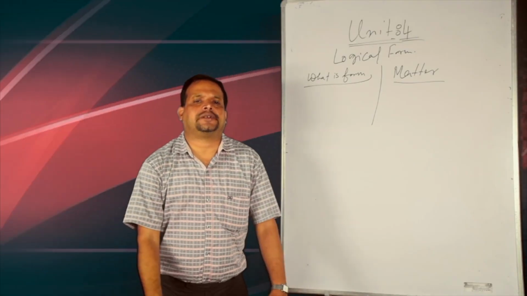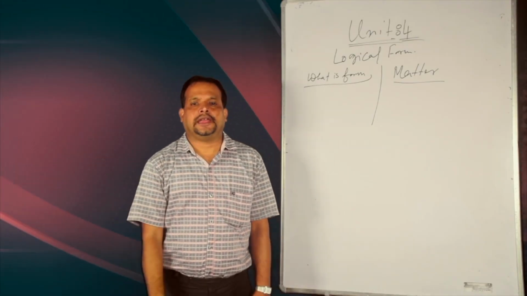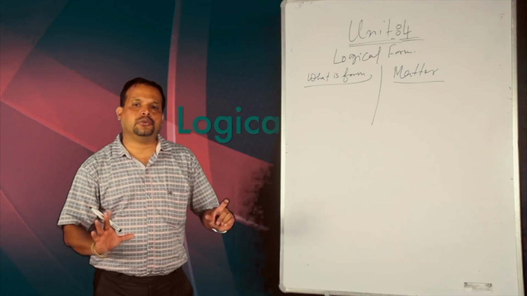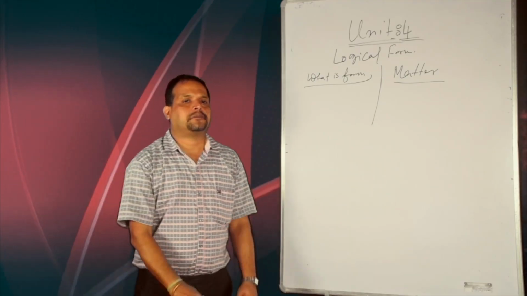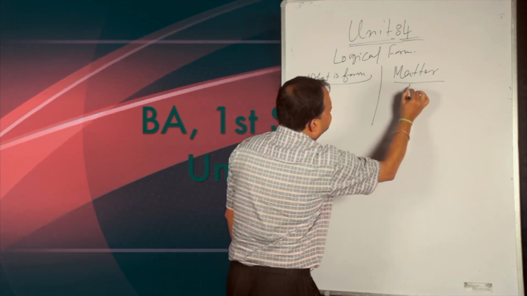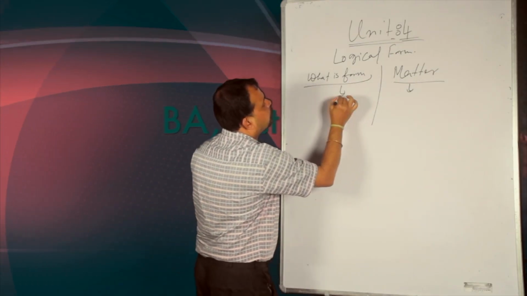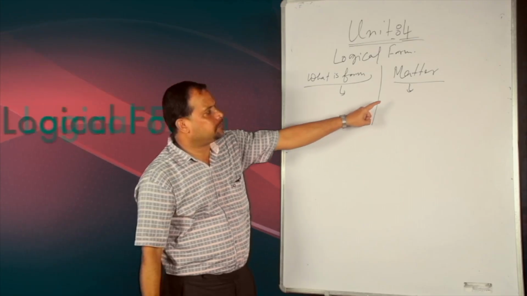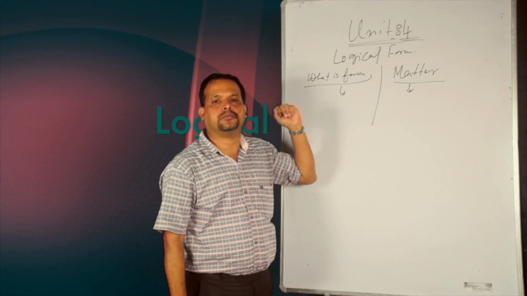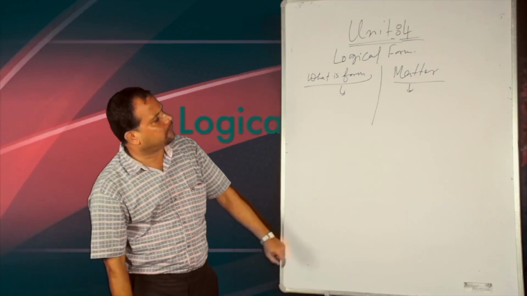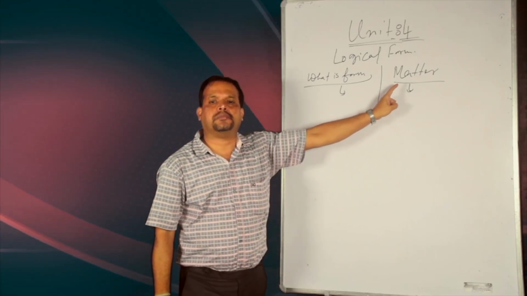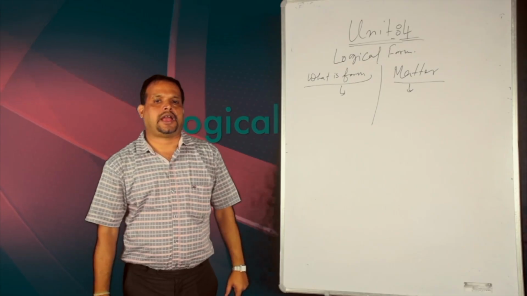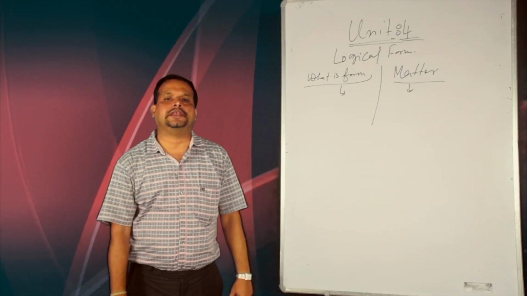Every material object, for example, a table has two aspects. First one is matter, second one is form. When we speak of matter of the table, we are talking of the elements out of which the table is made.